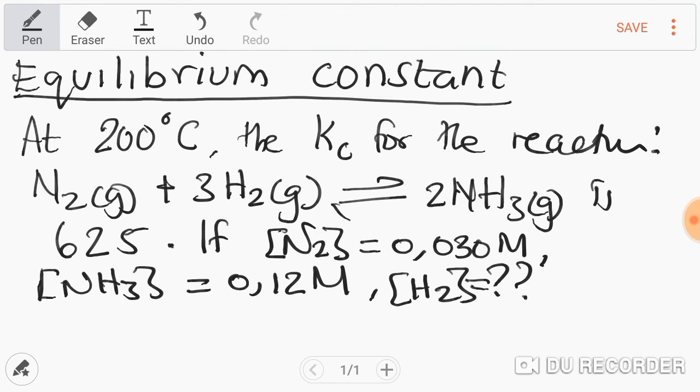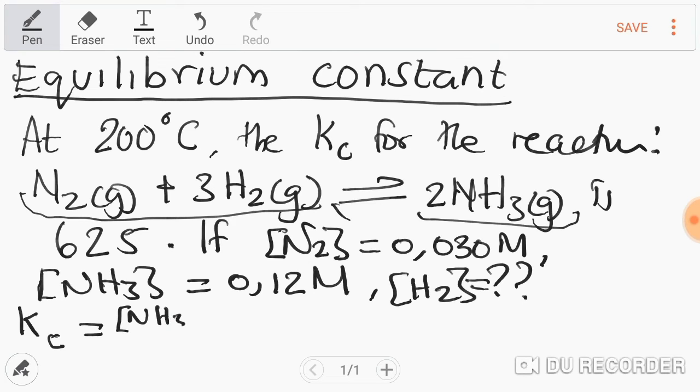So we'll still do the same thing. We'll look for the expression of Kc, right? We said the Kc is equal to the concentration of the products divided by the concentration of the reactants. So which will be the concentration of NH3 over the concentration of N2 over H2.